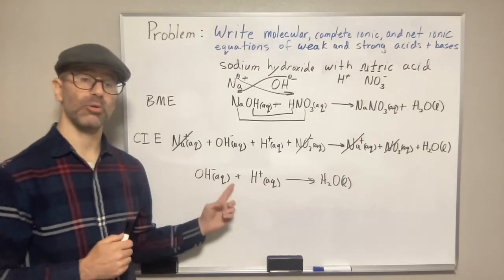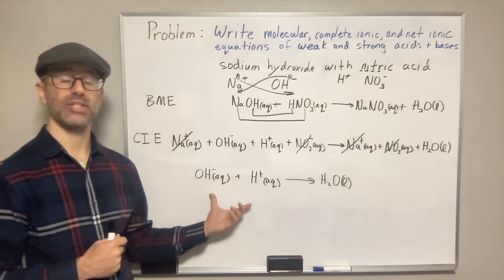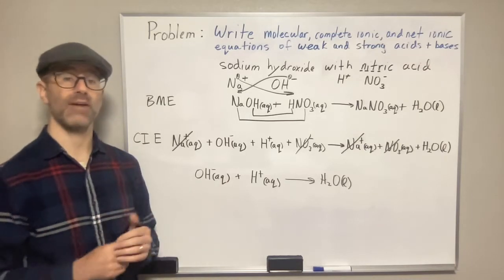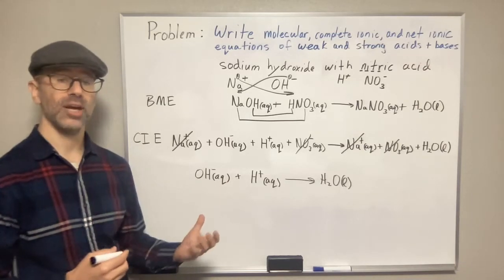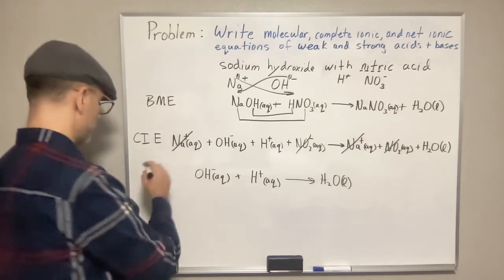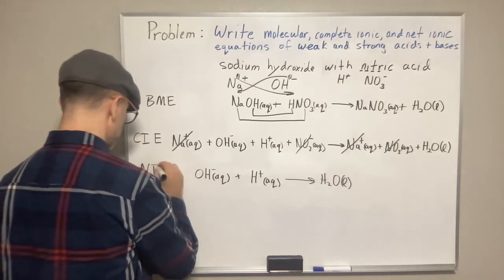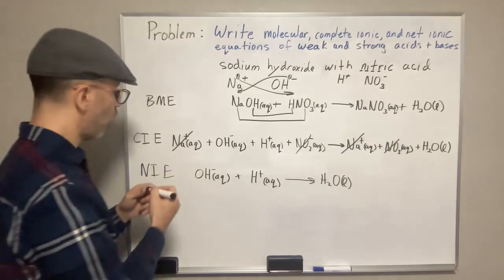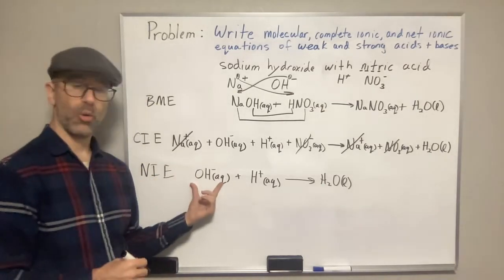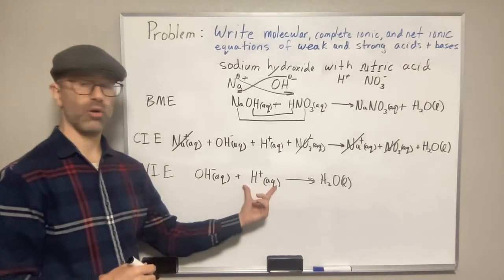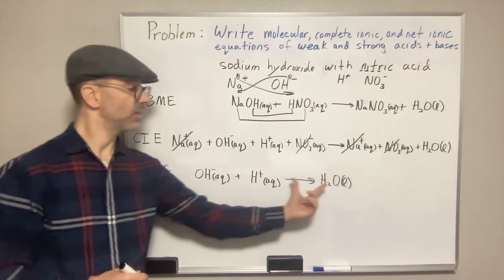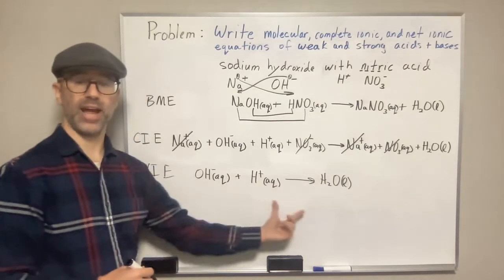And this is the typical reaction that occurs when you have a strong acid and a strong base. So whenever you have a strong acid and a strong base, your net ionic equation is always going to be OH-, your hydroxide, plus your hydrogen ion is going to form water. That is the reaction that happens.